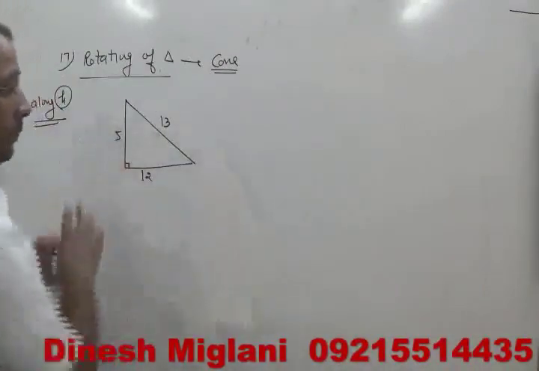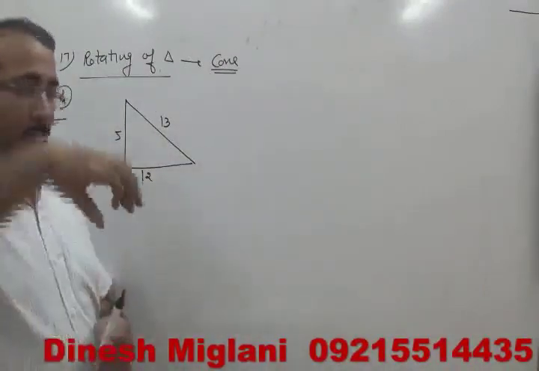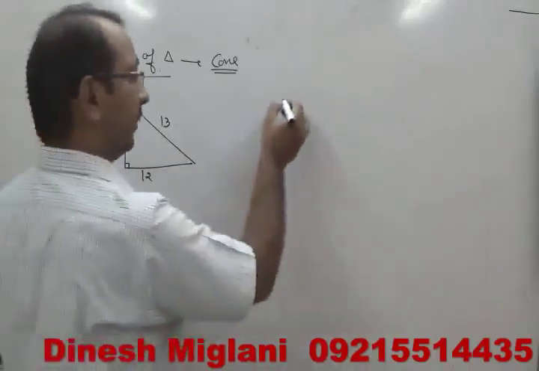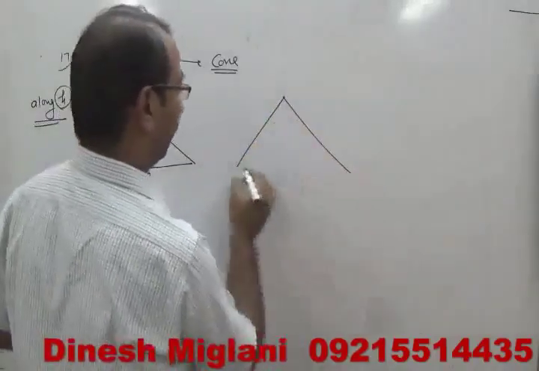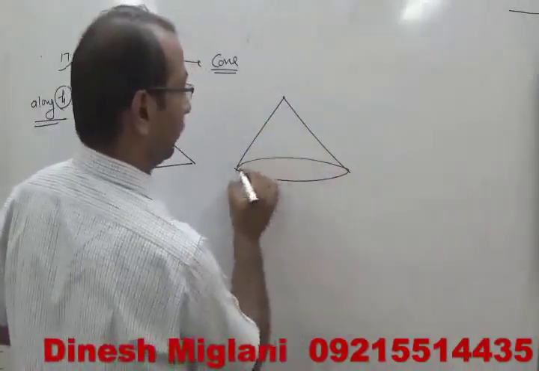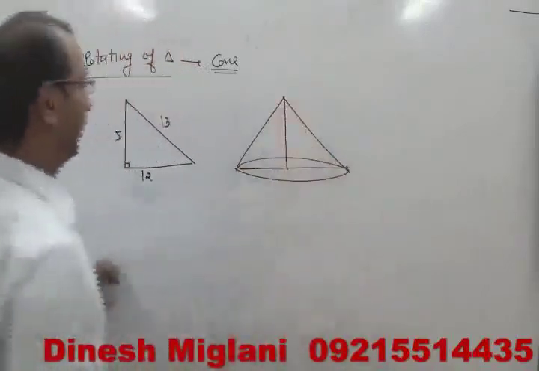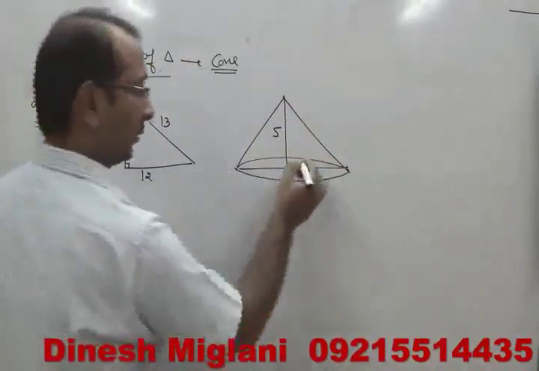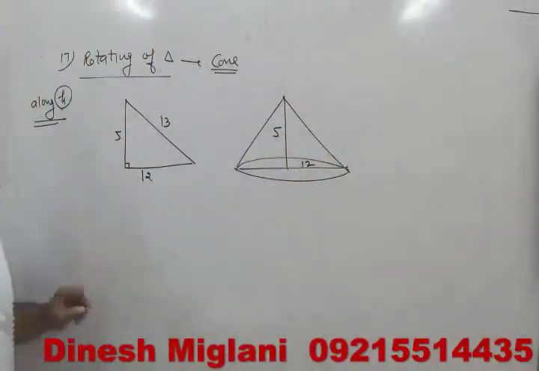The formation that I will make, the kind of shape that is being made, is in the shape of a cone. In that shape I can say the height is 5 and the radius of the base is 12.